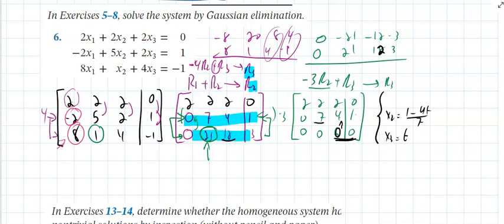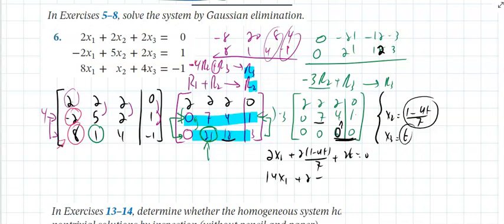And we know that 2x1 plus 2 times x2 plus 2 times x3 equals 0. If I clear the fraction, 14x1 plus 2 minus 8t plus 14t equals 0. 14x1 equals, what is that?